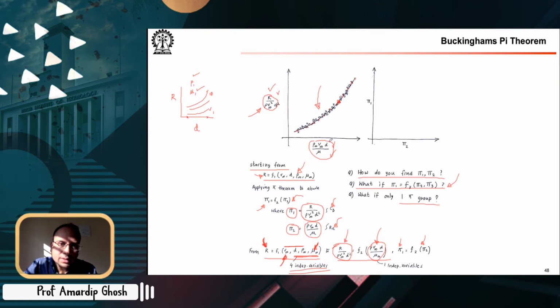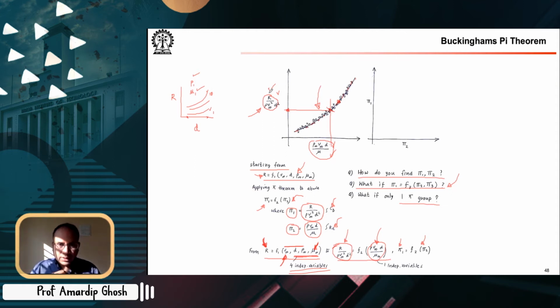This number will give you some value here, and then by inserting rho, v infinity, and d, you can figure out the drag force. So you don't have the problem of extrapolation, interpolation, or variables not matching your test conditions. You can still get useful results once you have this condensed data set.